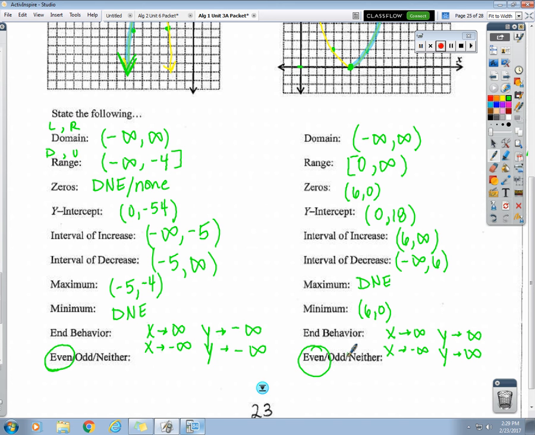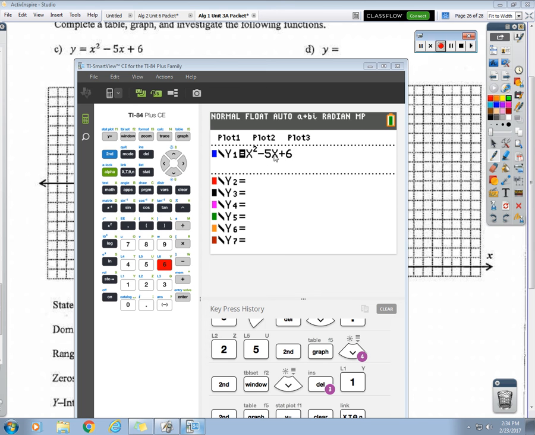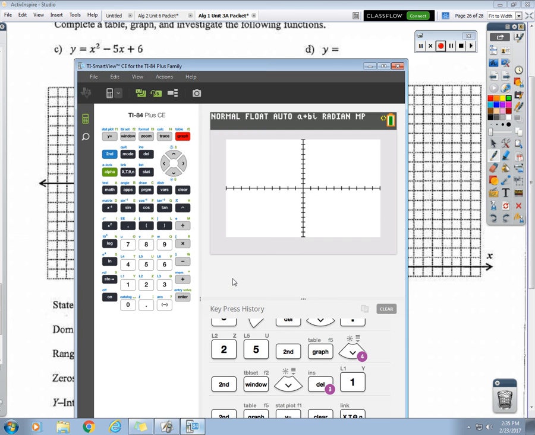Okay, now go to page 24 and try letter C. That equation's fine, so you can try that one. The first thing you have to do is graph it on the calculator, so put it in and hit graph. Okay, there it is. To put it on your graph paper, go to the table and pick out some nice points.